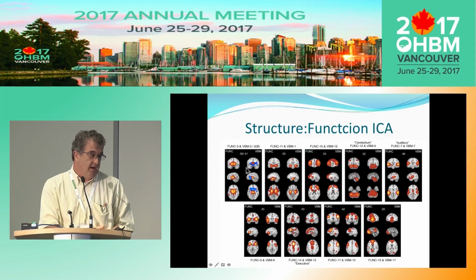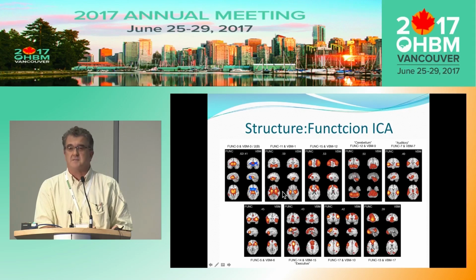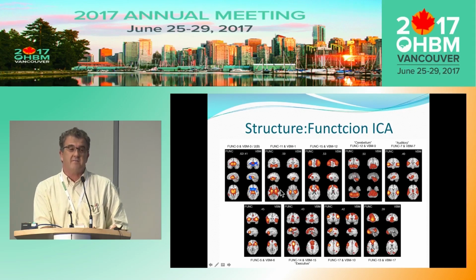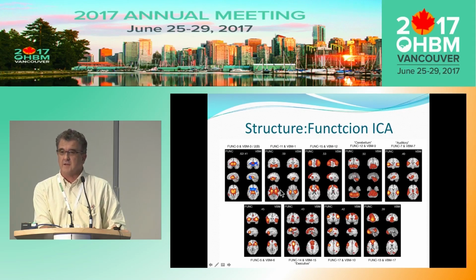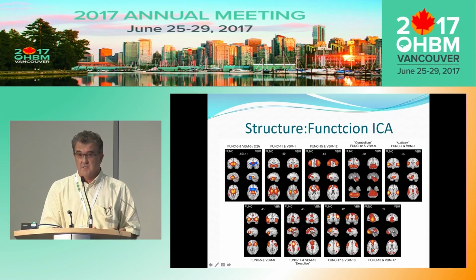It turns out that if you look at the functional database and you get out the canonical ICA components and you do exactly the same thing to the structural data, you get out the same components. The concordance is even higher than that between the functional data and the resting state data. So it's telling us that pathology follows these networks and that we can use the functional data and the functional metadata to interpret the disease effects in neuropsychiatric diseases causing brain atrophy.